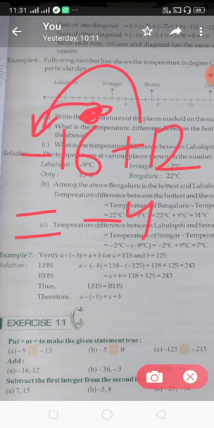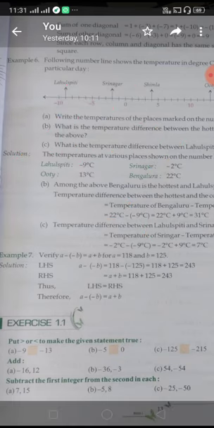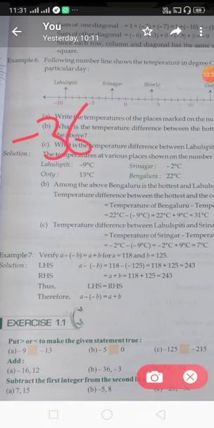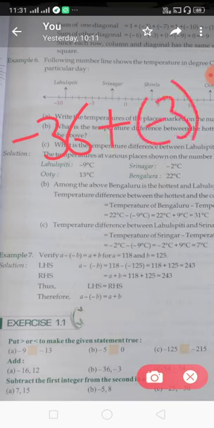Okay, now the next question is minus 36 plus, I need to add minus 3 to add it.